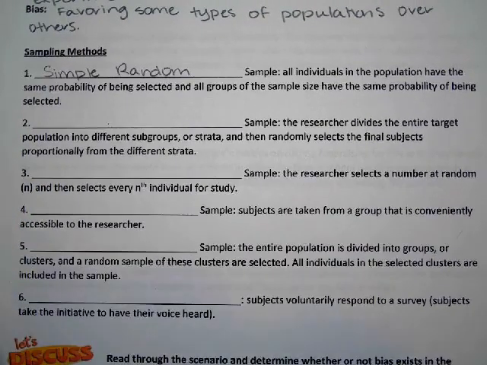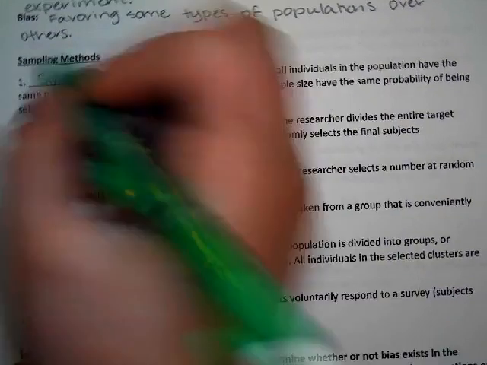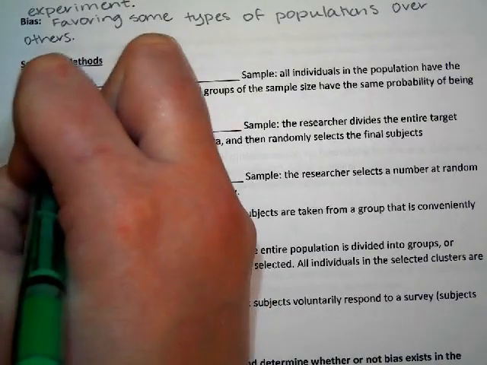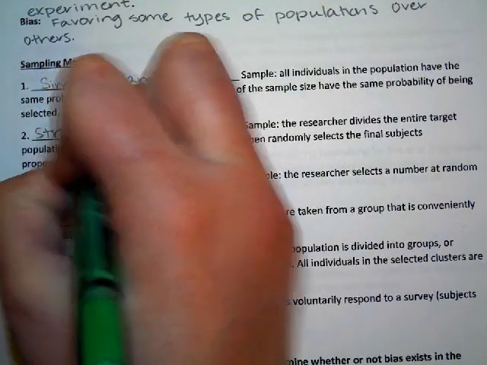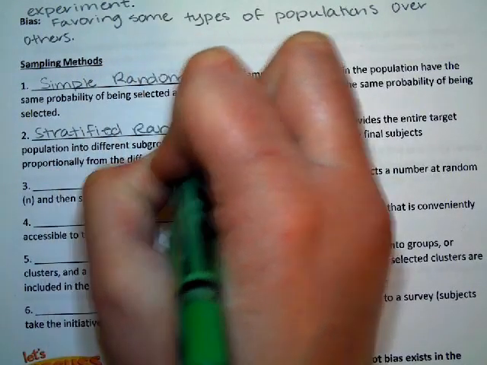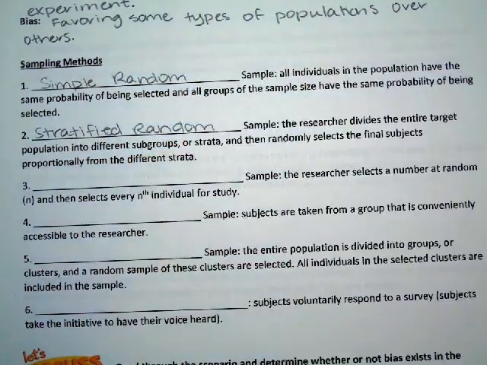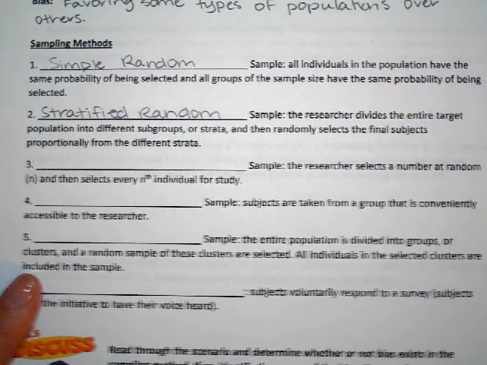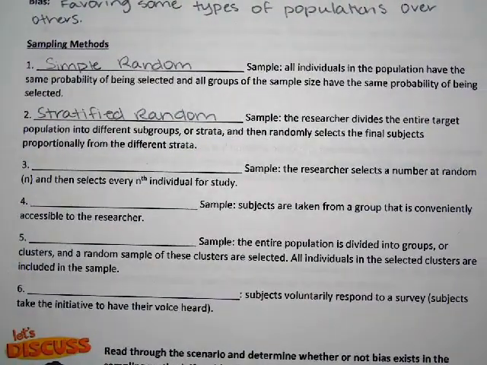Second option is stratified random. A stratified random sample is where the researcher divides the entire target population into different subgroups or strata, and then randomly selects the final subjects proportionally from the different strata.